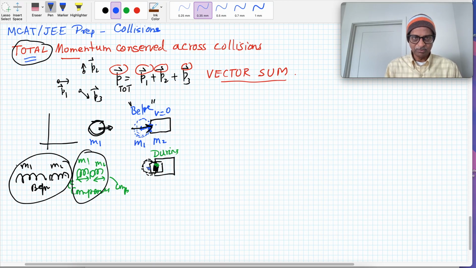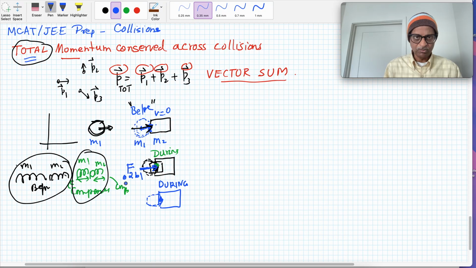Then it comes momentarily to rest halfway, like a spring that got fully compressed, so this is still during. Over here this is the force on 2 by 1.